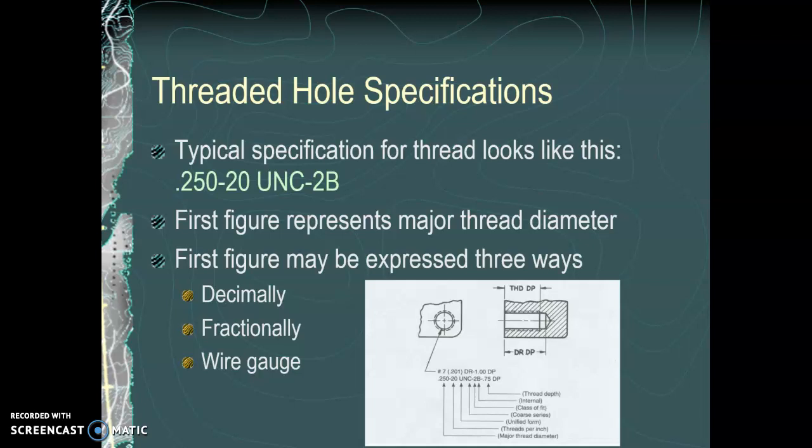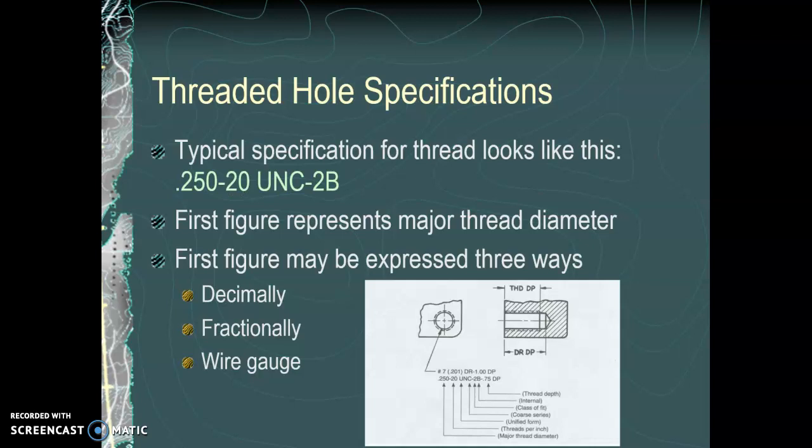The first number is always the diameter. That's always the most important piece of information in a threaded hole or in the external threads of a fastener. So this is telling us that the diameter of the hole is 1/4 of an inch, or 0.250. The second number indicates the number of threads per inch.